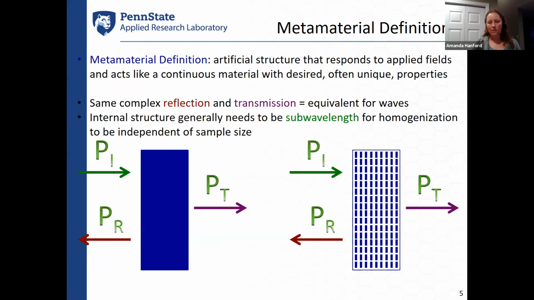I like to show this pretty much every time, but I wanted to make sure that we all started on the same front when we're talking about acoustic metamaterials. So the idea here is that we are looking at small scale features that, depending on the size of your system and the size of your acoustic wavelength, you end up with some kind of homogenized system, right?